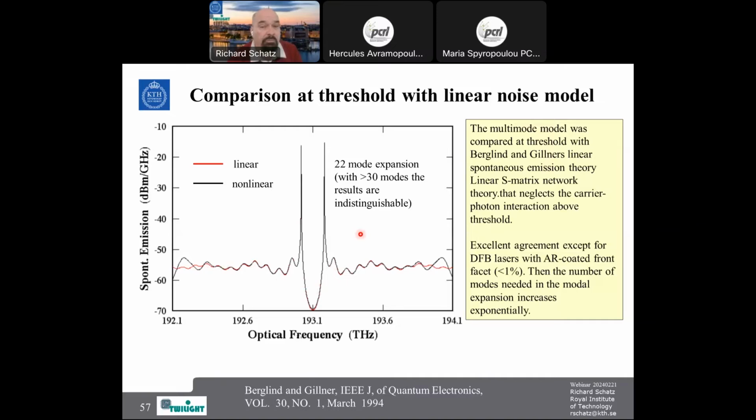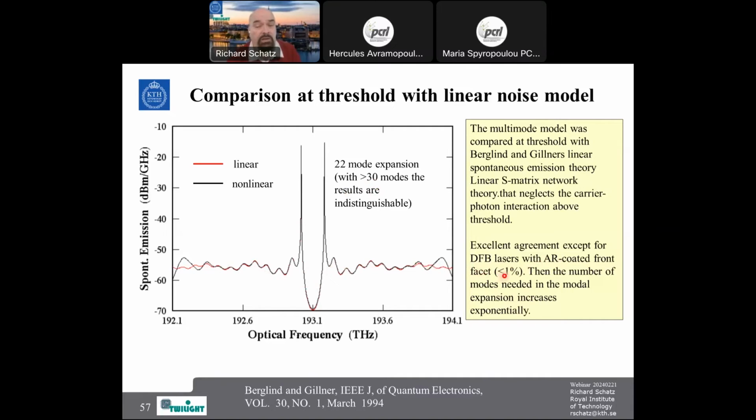If I use more than 30 modes, you cannot see any difference between a linear and nonlinear model when you are at threshold, because then they exactly agree for most lasers. It's only for DFB lasers with AR-coated front facet that the modally resolved model doesn't really converge well. You need exponentially more modes the lower the reflectivity you have.